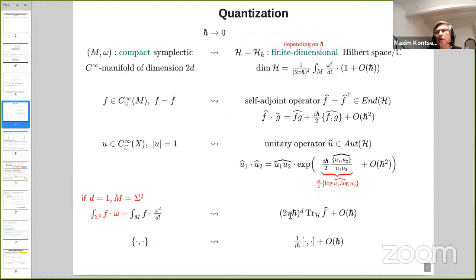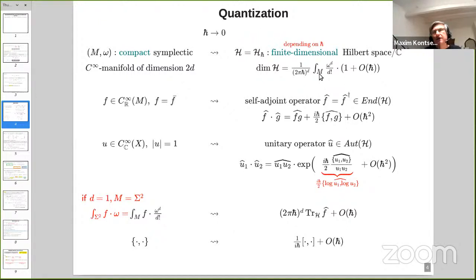Just a second. Maybe no misprint. Yeah, sorry. It's the number of size 1 on the left-hand side, so it should be 1 plus small o of h bar. For function 1, the quantization is the identity operator, and you get this formula for the dimension.